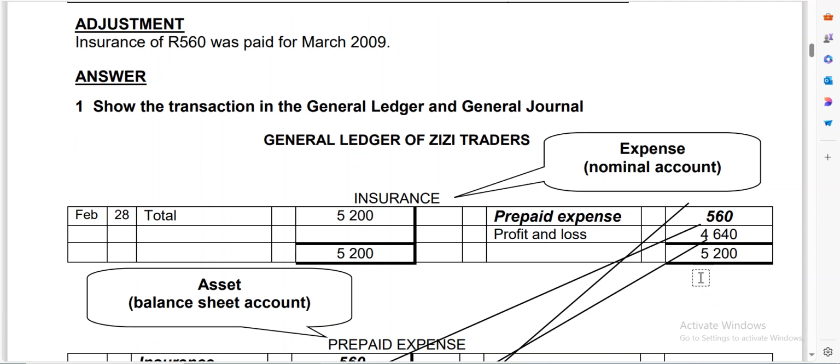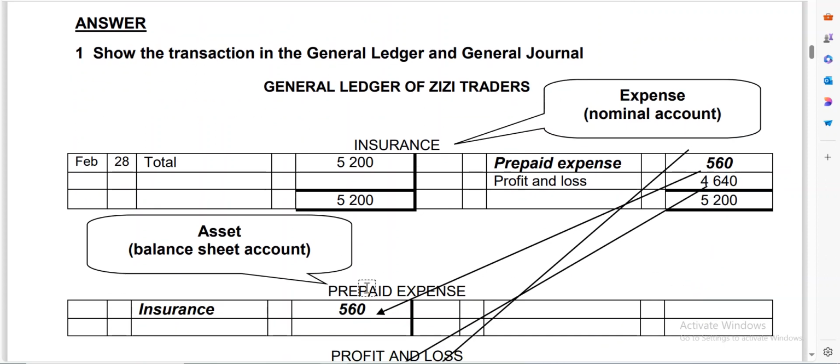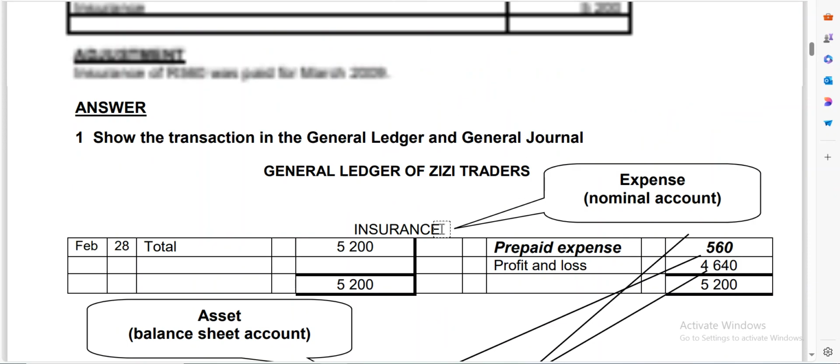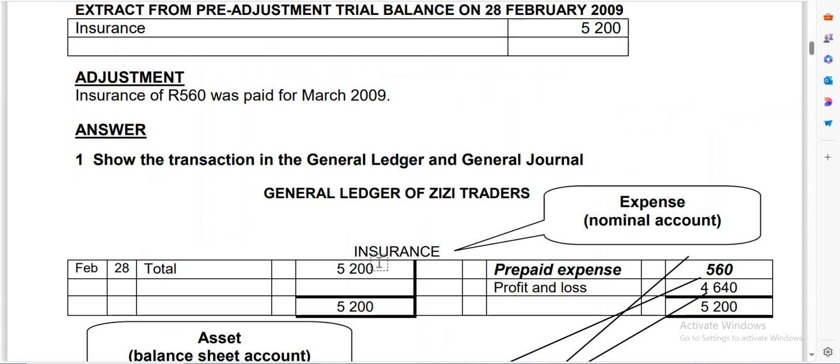Remember we said insurance is an expense to us as a business. It is part of the nominal section if you look at the items that are listed there. The reason we are crediting insurance by prepaid expense is because insurance has got to be reduced, and we know that our expenses increase on the debit side and decrease on the credit side.